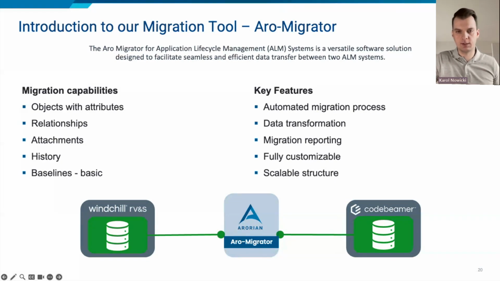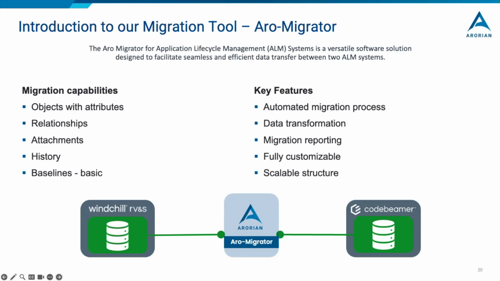The connectors are fully separated, so to handle another tool, it's required to implement only a new module. And currently, as per my knowledge, it is the only tool on the market specific to migration from RV&S to Codebeamer with that kind of capabilities.